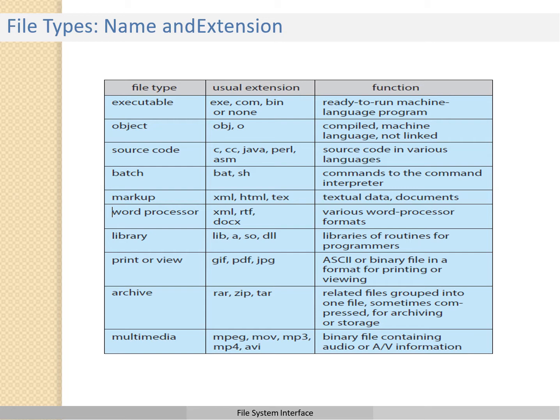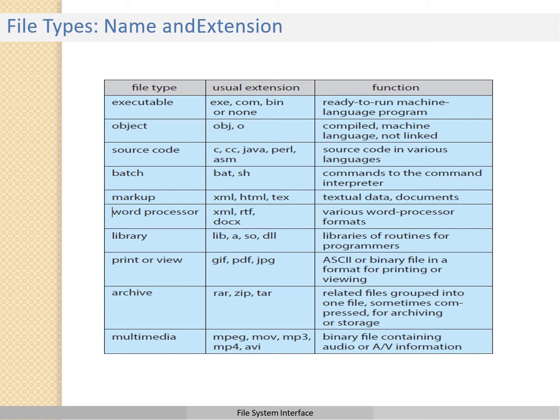Then we have a library file whose extension can be .lib, .a, .so, .dll. It is the libraries of routines for programmers. We have a print or view file whose extension is .gif, .pdf, .jpg. It is an ASCII or binary file in a format for printing or viewing.